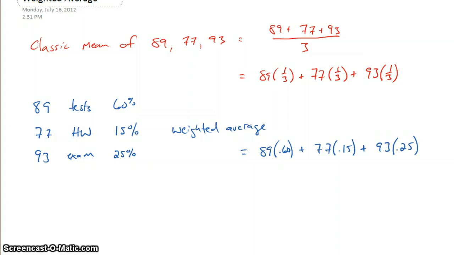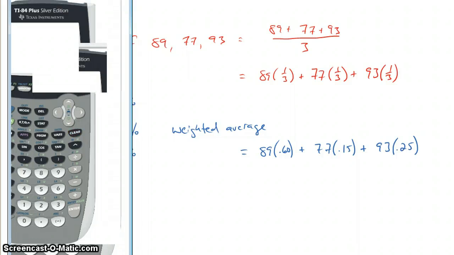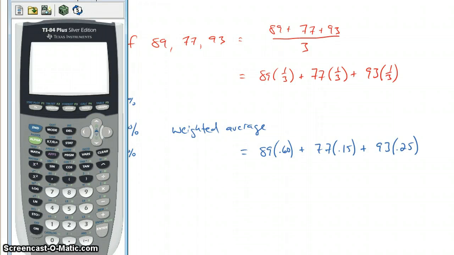Let me just hit pause. Okay, so I'm going to compute these two numbers now. On my little calculator here, we're going to do 89 plus 77 plus 93.